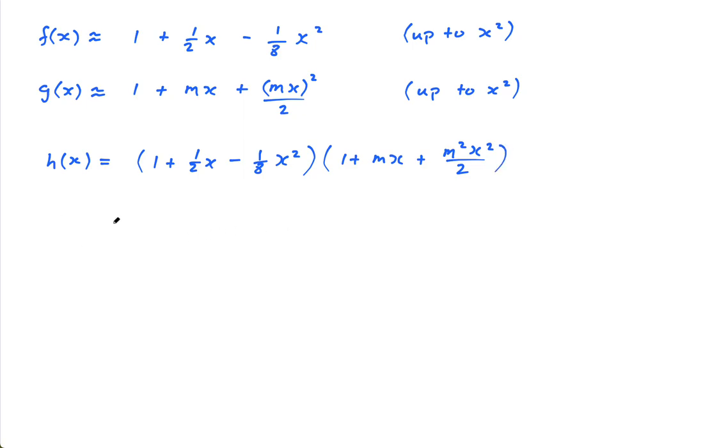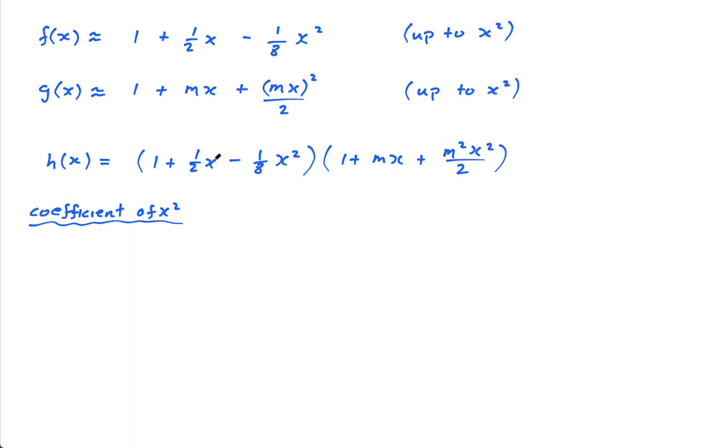Now, we only care about the coefficient of x squared. So we're going to look for the coefficient of x squared. If you multiplied out these two brackets, you do the first times the first, the first times the second, the first times the third, the second times the first, the second times the second, the second times the third, and the third times the first, the third times the second, the third times the third.